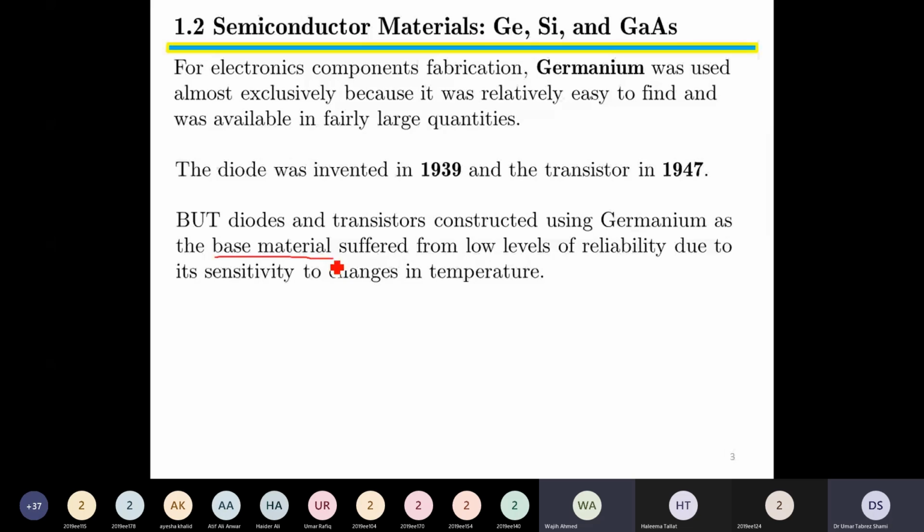We have to insert some required impurities so that we can develop p-type material and n-type material. And in addition, just developing p-type material and n-type material is not enough. We have to also develop the correct concentration.